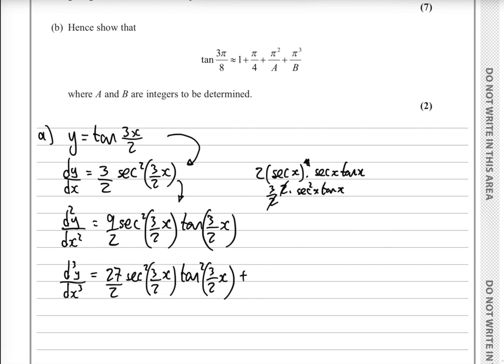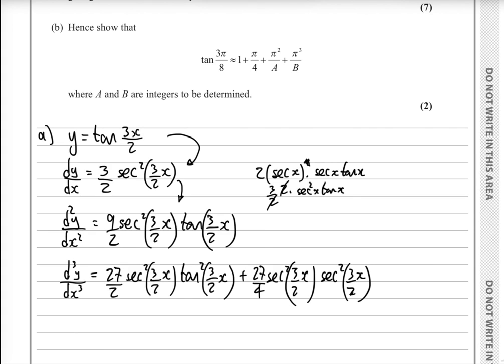Then you need to leave the secant alone, that's 9 over 2 secant squared 3 over 2x, and differentiate the tan. But when you differentiate the tan, as we did at the very beginning, you get 3 over 2 secant squared. That becomes 27 over 4.